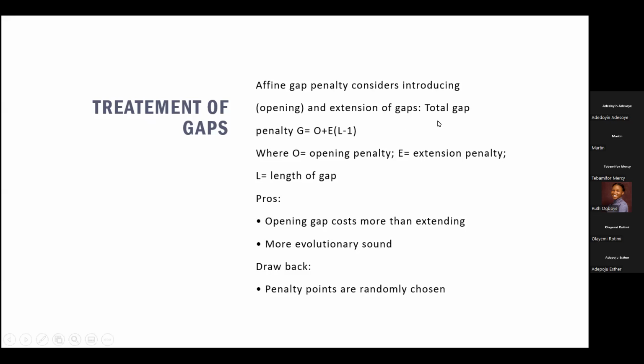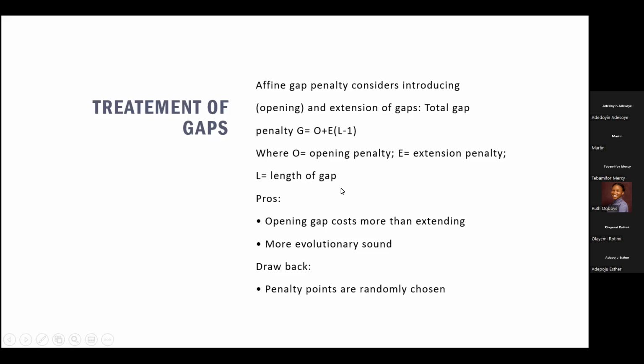So for the affine gap penalty, to calculate the total gap penalty, you have G, that's the total gap, equals O, that's the opening gap, plus the extension penalty, E, into brackets, the length of the gap subtracted by 1. So with this formula, the opening gap costs more than the extending gap.